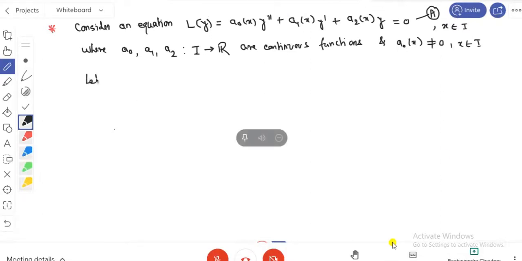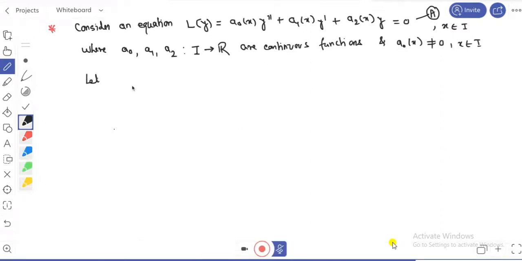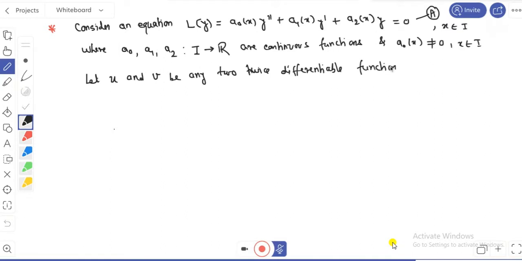Okay, so if we assume that there are two functions which are twice differentiable, so if we take u and suppose v, two twice differentiable functions on the given interval.